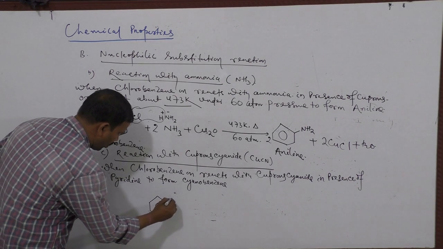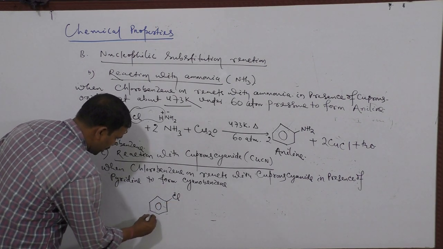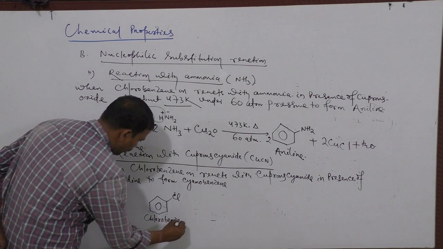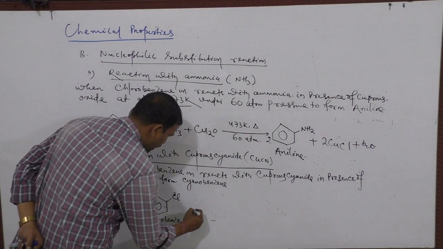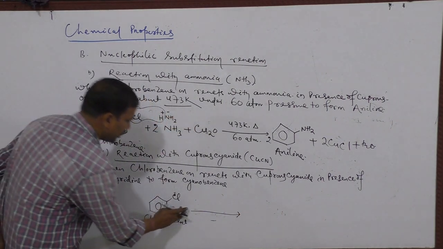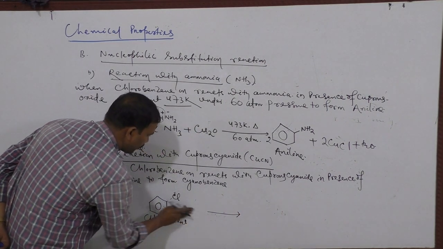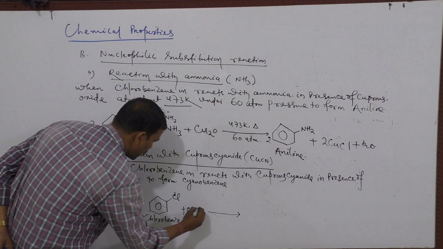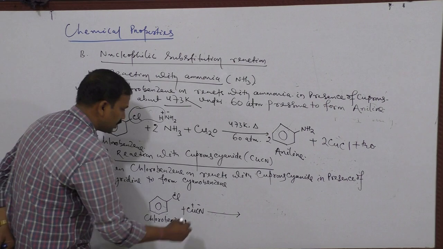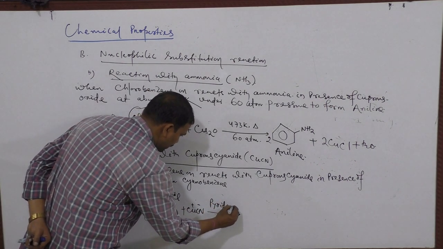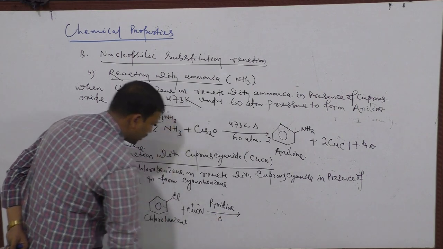Now this is chlorobenzene. Cuprous cyanide, CuCN, gives Cu plus and CN minus. The reaction occurs in presence of a base catalyst, that is pyridine, under heat condition.